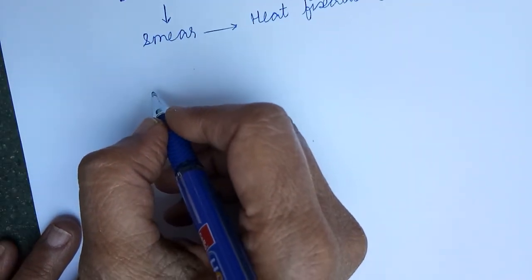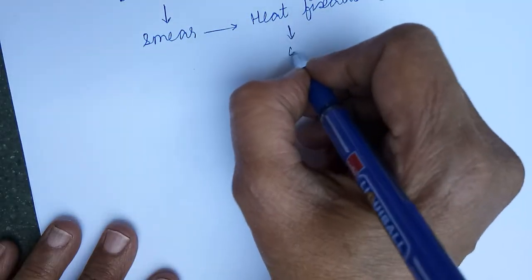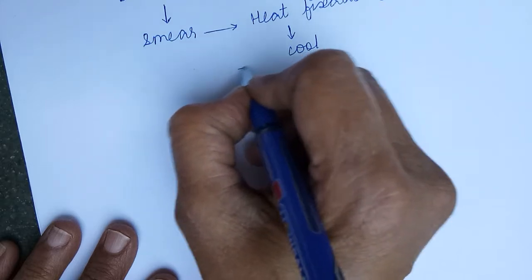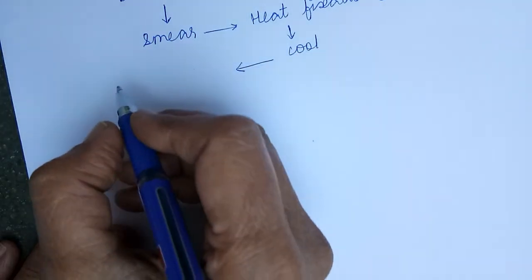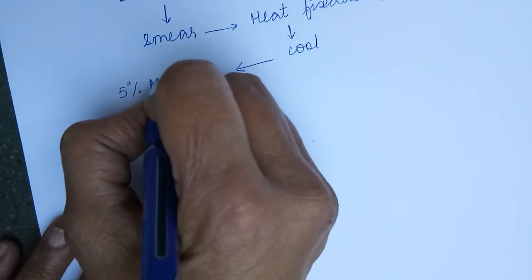Now after proper heat fixation, allow the slide to cool down properly and cover the smear with heavily concentrated 5% malachite green.